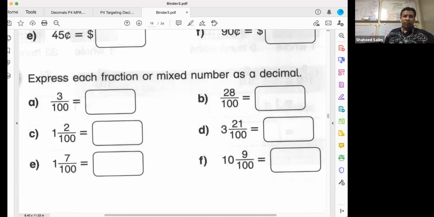Well done, Putra, for F. And well done, Shafia.